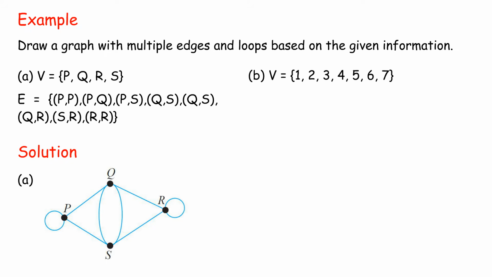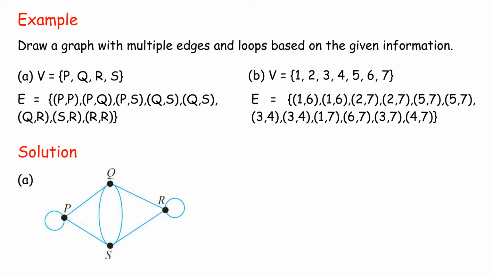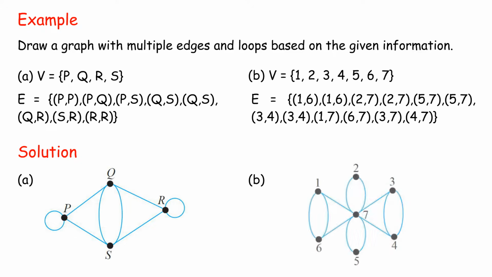B, V = {1, 2, 3, 4, 5, 6, 7}. E = {(1, 6), (1, 6), (2, 7), (2, 7), (5, 7), (5, 7), (3, 4), (3, 4), (1, 7), (6, 7), (3, 7), (4, 7)}.